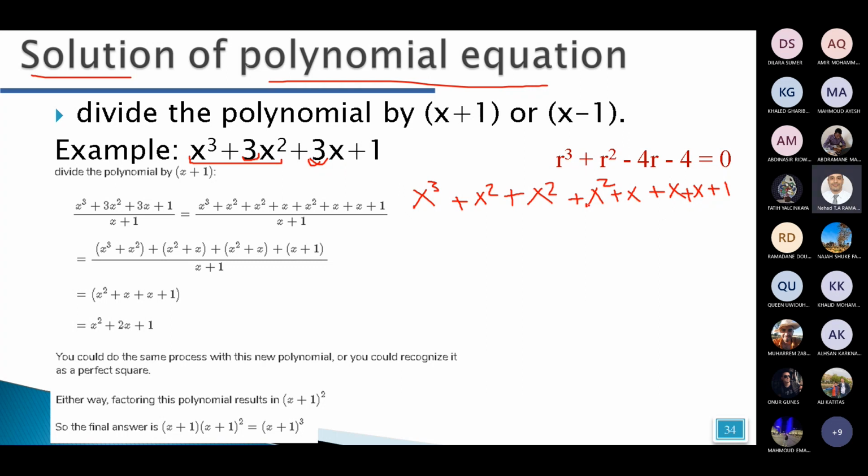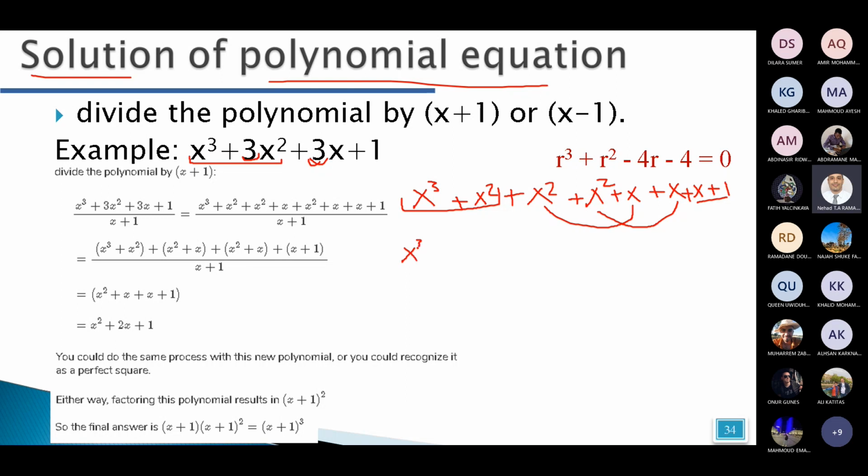Okay. Now let's organize it. We will take each two together. This one with this one, this one with this one, and this two together. So let's organize it.